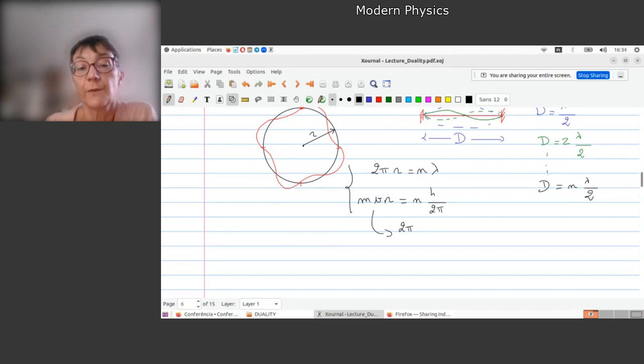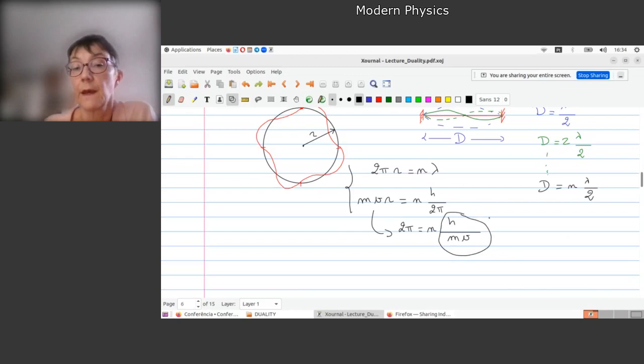We can write that this is the same thing if we write 2 pi r equal to n, the same quantum number, times h over mv. And what is h over mv?